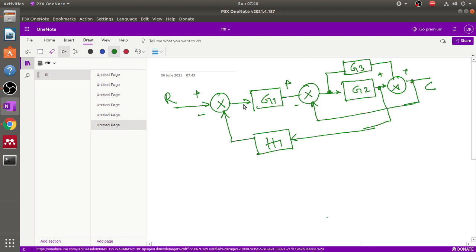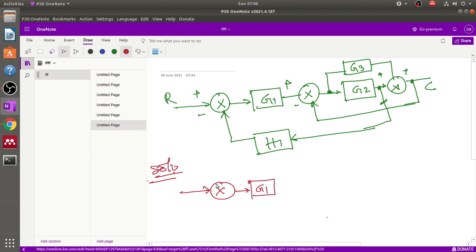So what will we do? First of all, we shift the takeoff point after the block G2. So first we shift this takeoff point, which is before this block, to after this block. So for the solution, we draw the block diagram again.